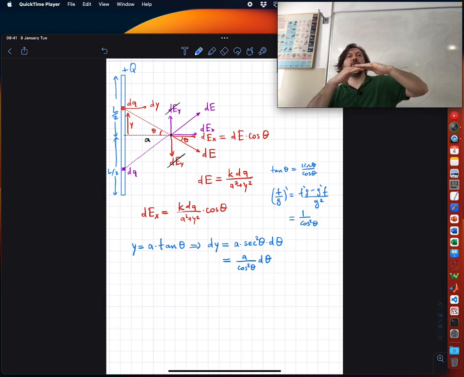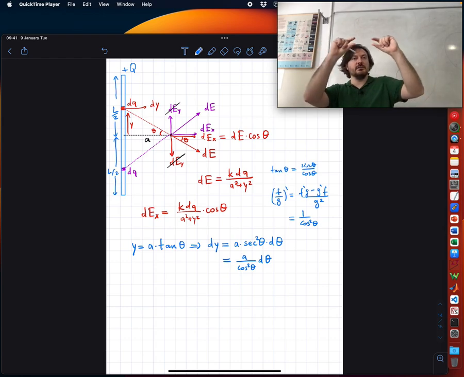So let me tell you this way. If you integrate dq starting with y, you are going to get larger and larger q until you reach Q over 2. Or let's say you start from minus L over 2 and you integrate all the way to plus L over 2, you get the whole Q. So dq is the same, dy is the same, and there is a constant of proportionality between them, which is linear charge density.